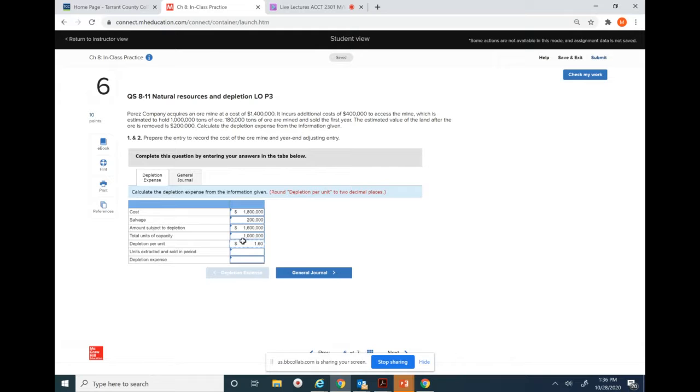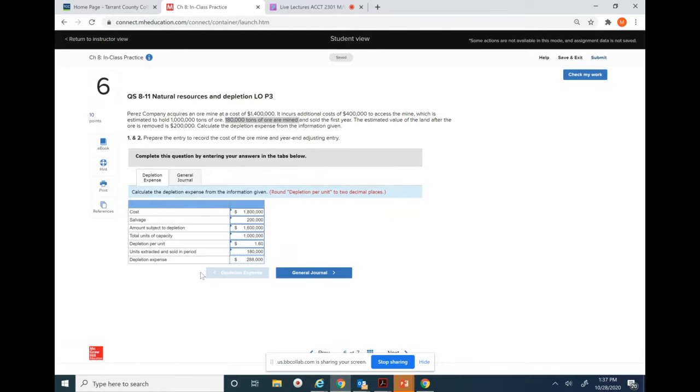So once we figure out what the depletion per unit is, then we'll look at what units are produced and sold during the first year, which is 180,000. So the depletion expense should be 180,000 times 1.6, or $288,000 for the first year.